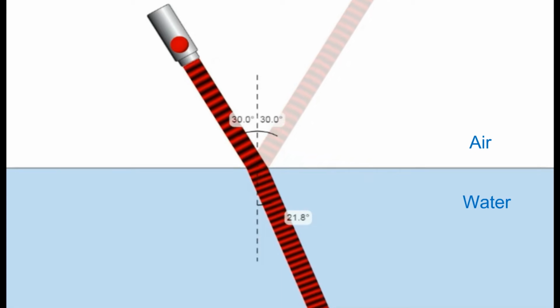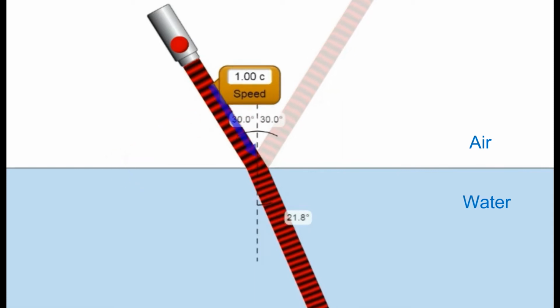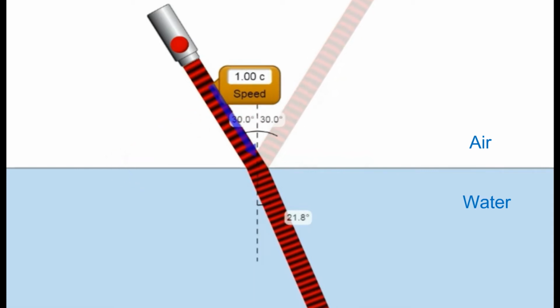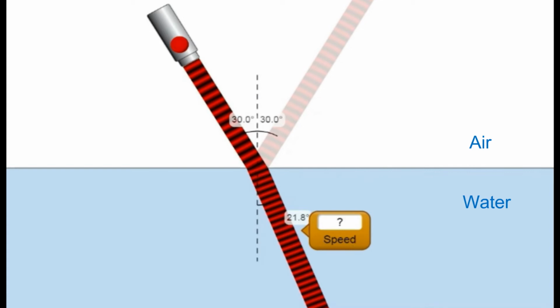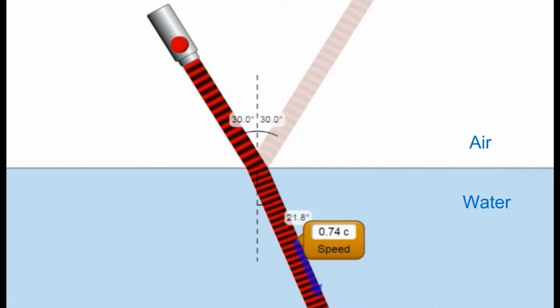So now let us see whether the speed of light is changing or not. The speed of light in the air is 1c, that is nothing but 3 into 10 power 8 meters per second. Coming to water, you observe carefully, it is 0.74c.